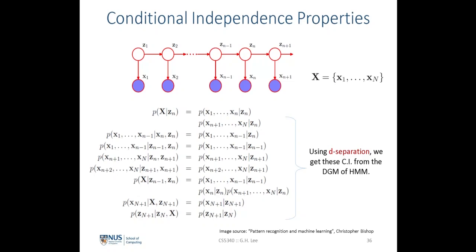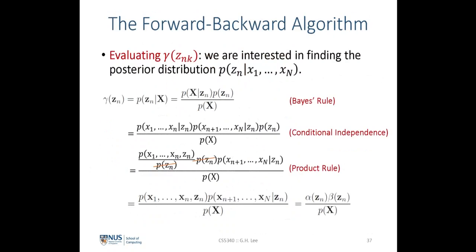We'll make use of some of the conditional independence properties that can be read off directly from the hidden Markov model, as shown in this diagram over here, to help us derive the forward-backward algorithm, or the alpha-beta algorithm. I'll leave it to you to look through these conditional independence properties, but I will explain them as I derive the alpha-beta algorithm in the later slides.